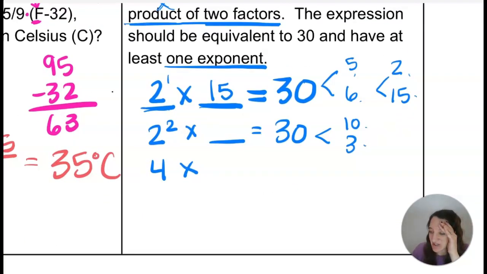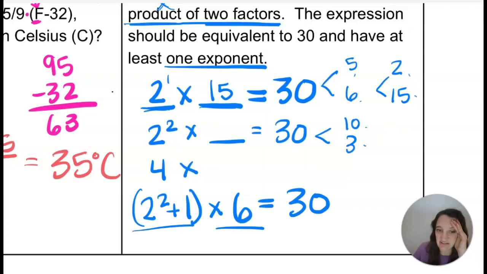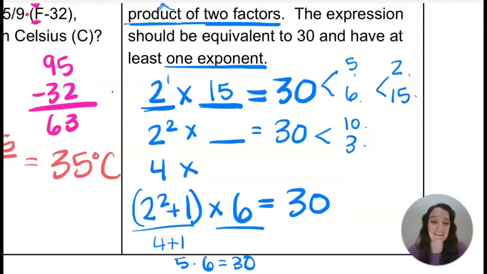I'm trying to get a subtraction problem. So 2 squared plus 1 times 6. That would equal 30, and it's still the product of two factors. 2 squared is 4, 4 plus 1 is 5, then 5 times 6 equals 30. I think that would work.